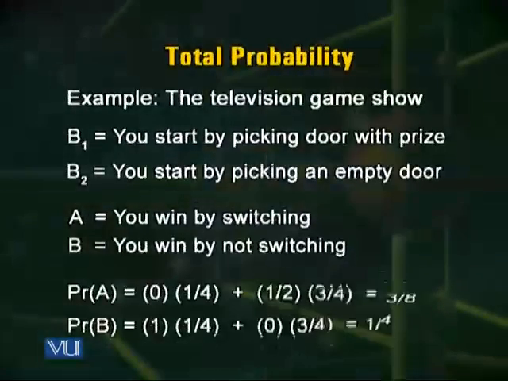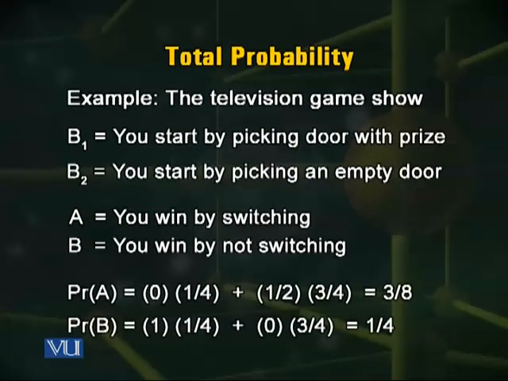Then the probability of winning without switching comes out by starting with this partition and finding the conditional probability of winning without switching conditioned on this part, plus the probability of winning without switching conditioned on the other part of the partition.